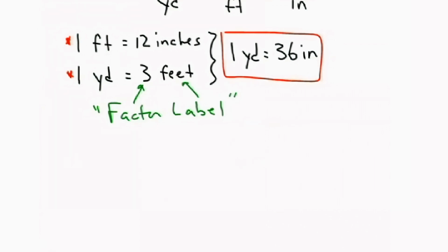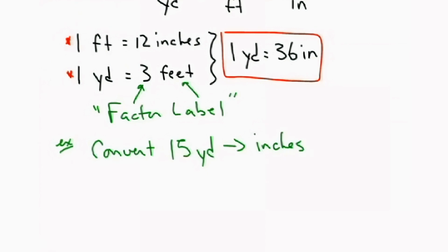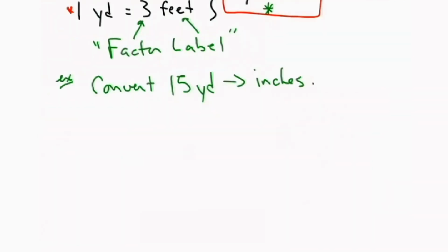And so to do that, I want to do an example problem where we convert 15 yards into inches. And you can see already, I think this one's going to come in quite handy.